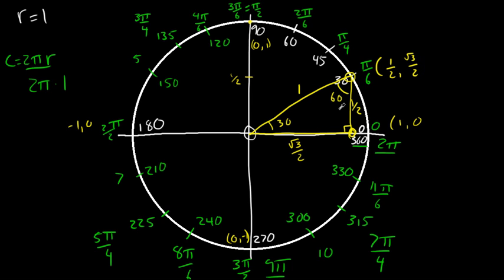I had it right the first time. This coordinate here goes up 1/2, so your y value is 1/2, and your x value is √3 over 2, because you went over √3 over 2 and up 1/2, and that's your coordinate.